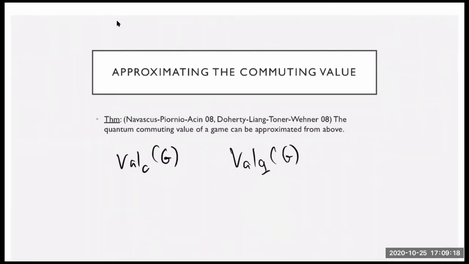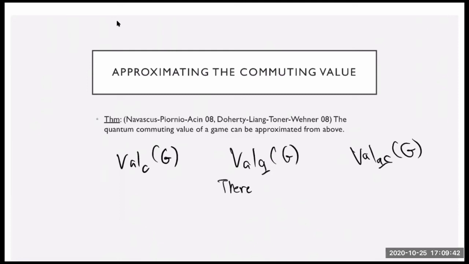But you can ask whether potentially there's this quantum commuting value of the game. At least it's not clear that the supremum over all quantum commuting correlations is the same as the value of the non-commuting ones. And it turns out that there is an algorithm.